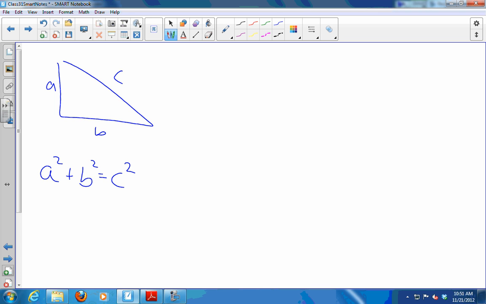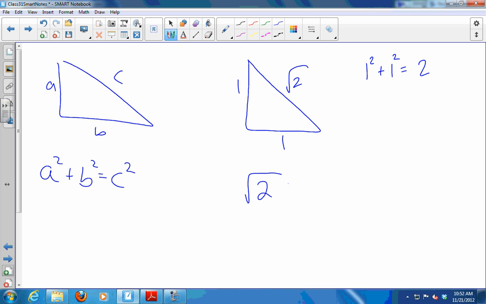And one of Pythagoras's followers said, well, if I make a right triangle where the two legs are length 1, 1 squared plus 1 squared is 2, which means that the third side has to be square root 2. And he proved that square root 2 cannot be written as a fraction, a whole number over a whole number.